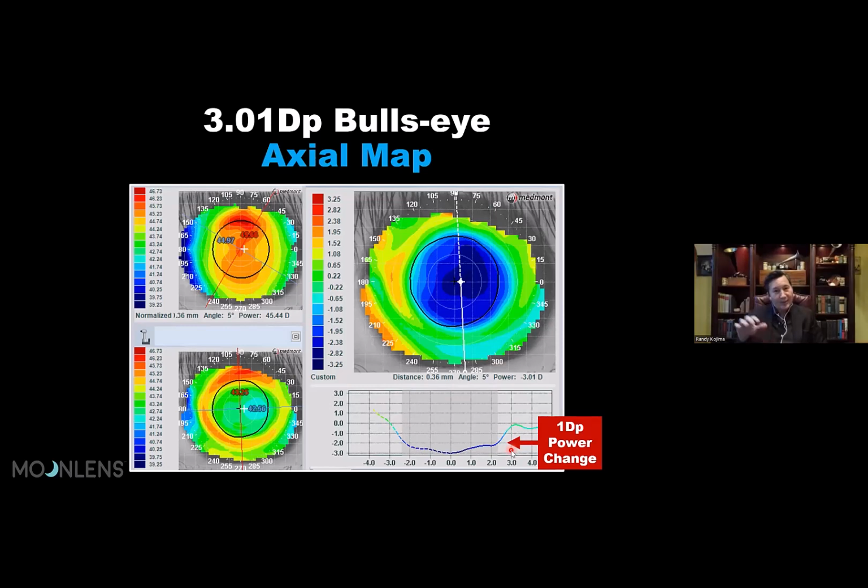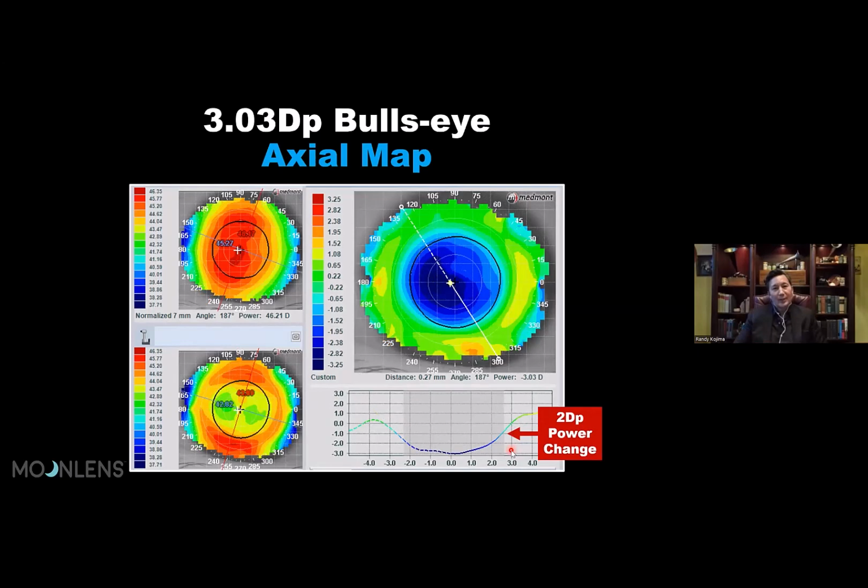Well, let's take this lens and put it on another patient, and we'll also achieve a 3 diopter effect, 3.03 diopters. But this time, the lens produces a 2 diopter defocus between the most minus in the center, 3 diopters, and the least minus at the pupil border, about 1 diopter. You're getting essentially a 2 diopter add power.